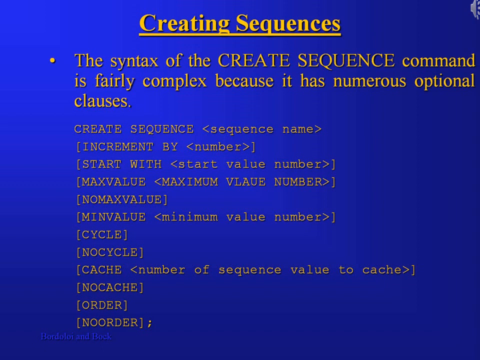To increment the sequence and return the new value, the next val clause is used. The syntax of the create sequence command is fairly complex because it has numerous optional clauses. The syntax of creating a sequence is given here.